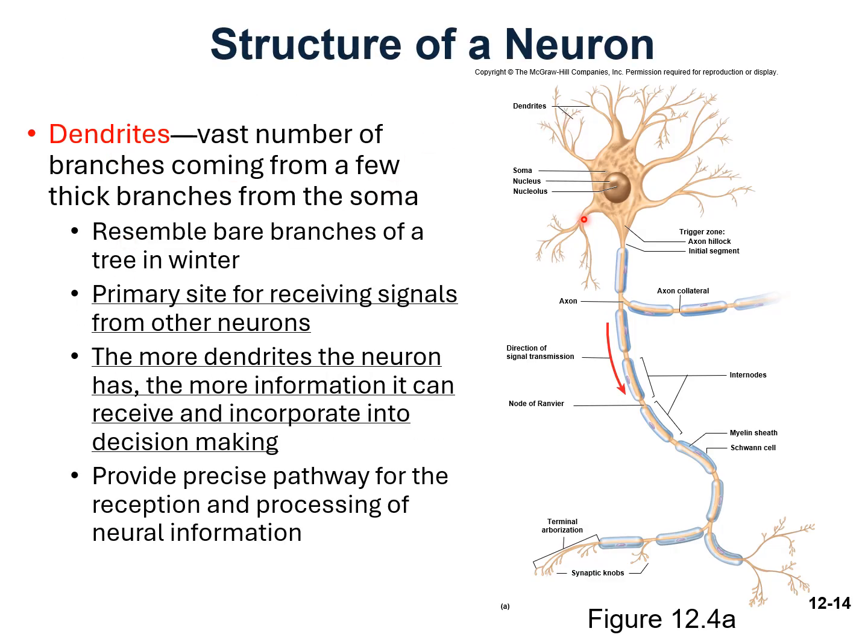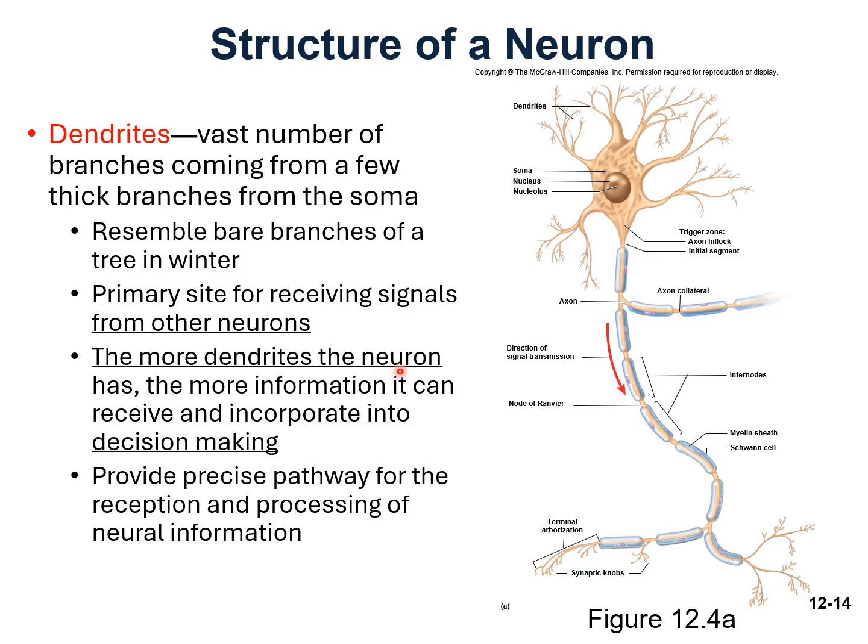There's dendrites. Dendrites are usually on the outside, and they're just picking up information from surrounding neurons, from surrounding glands, from surrounding tissues. Dendrites are the ones that are bringing information to the soma, and the primary site for receiving signals from other neurons.